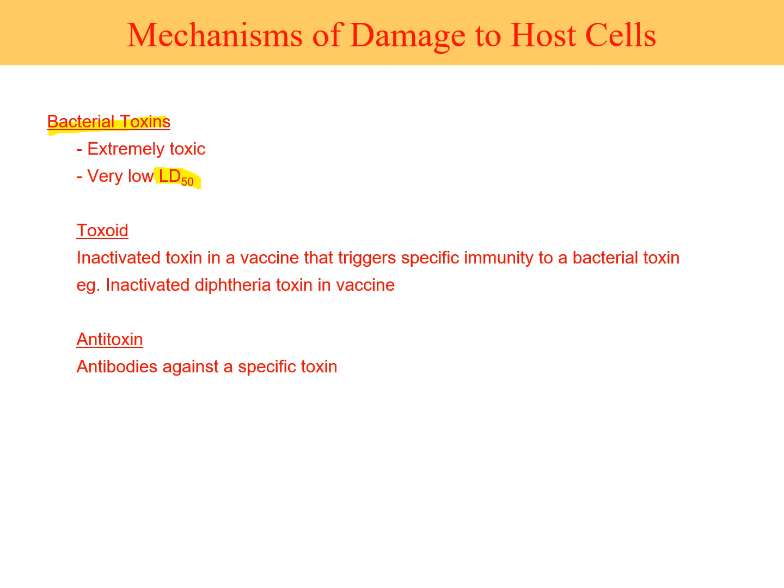When you receive the vaccine against this, you're getting inactivated toxin, or toxoid, diphtheria toxoid. Your body will respond by producing antibodies. These antibodies are called antitoxin antibodies. And antibody molecules are always very specific.